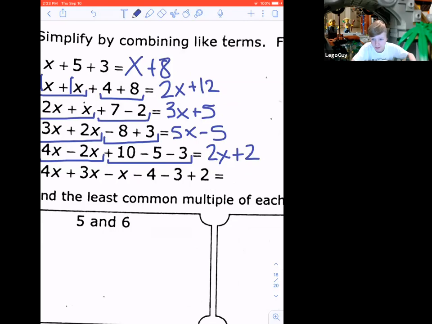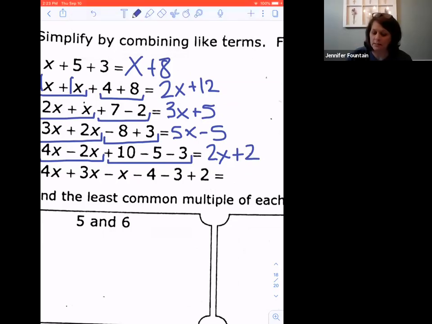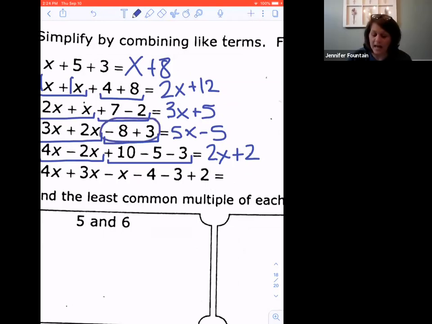Wait. 8 plus 3 is not 5. Okay, so look at this. The third one, right here. Yeah. Okay, that is a -8.